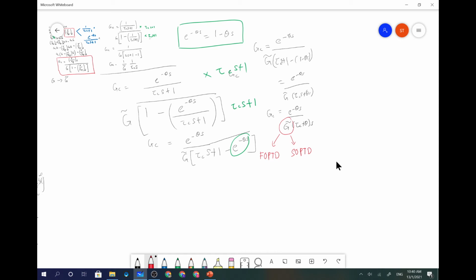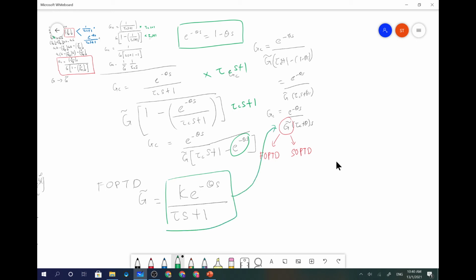When you have a first order plus time delay, G is equal to K exponent negative theta S over tau S plus 1. We're going to substitute this into this.